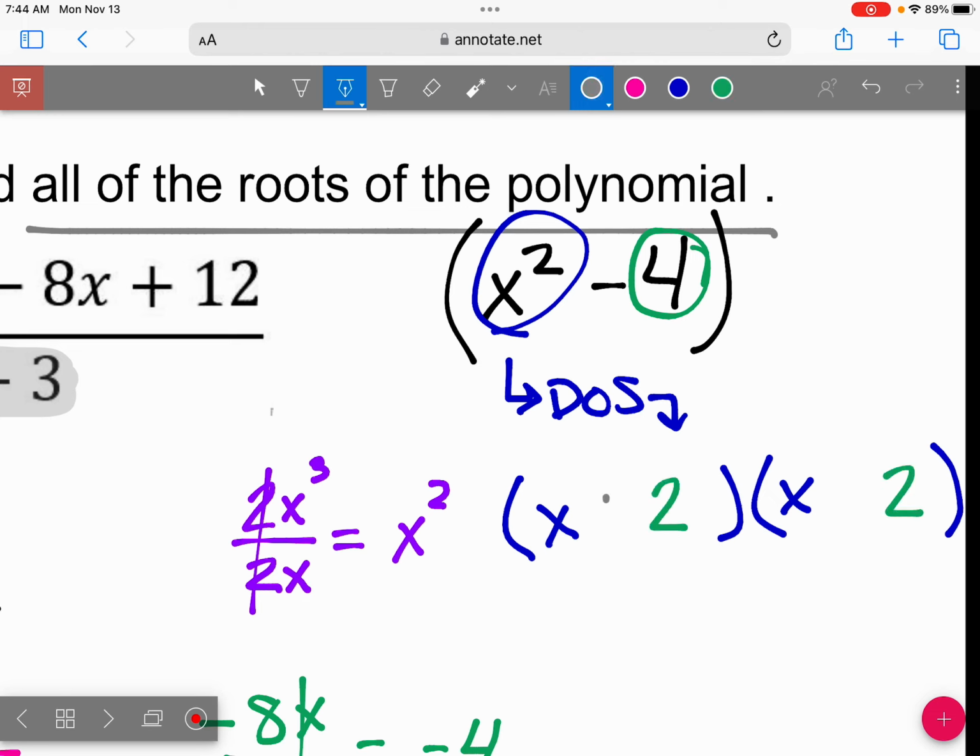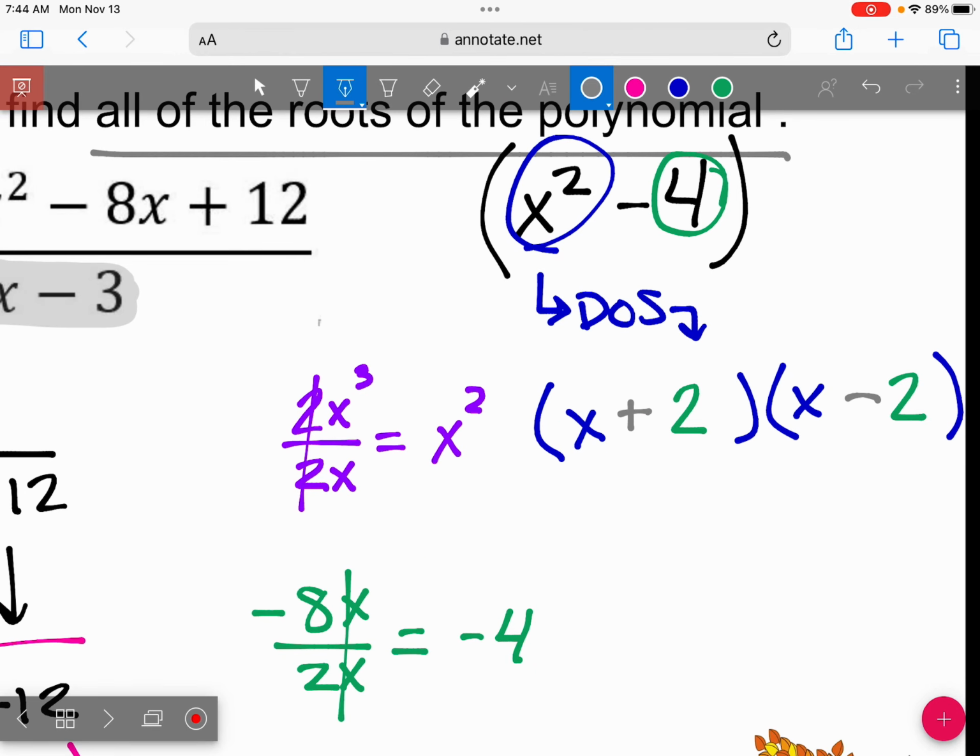One of these factors gets a plus. One of these factors gets a minus. So what are our roots here? Or our solutions?